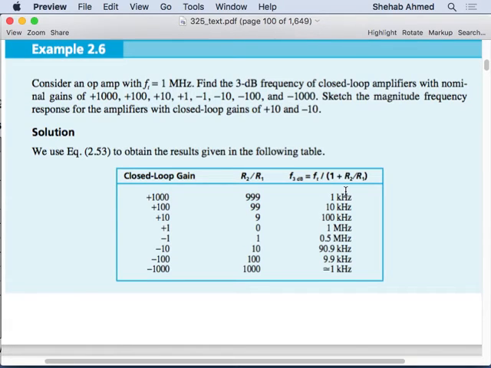You have a capacitor in there, and the capacitor will have some resistors in parallel. Remember the trick that we did: short the voltage sources and look at the resistors in parallel with the capacitors. If you have a very large gain, R2 over R1 is large. If R2 over R1 is large, then these resistors in parallel are going to probably be large.